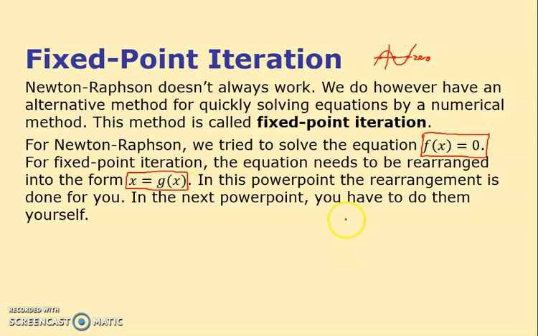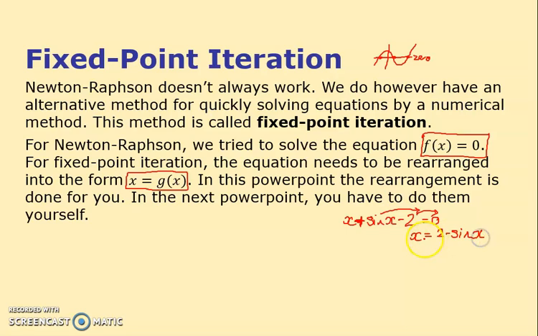Now for instance, you might have an equation which is, I don't know, x plus sine x minus 2. I have no idea what that looks like, I've just made it up. But what you do in order to find if there were any solutions, and I'm not convinced there were, you could, for instance, move the sine x and the 2 onto the other side, and you'd have x equals, well, 2 minus sine x.